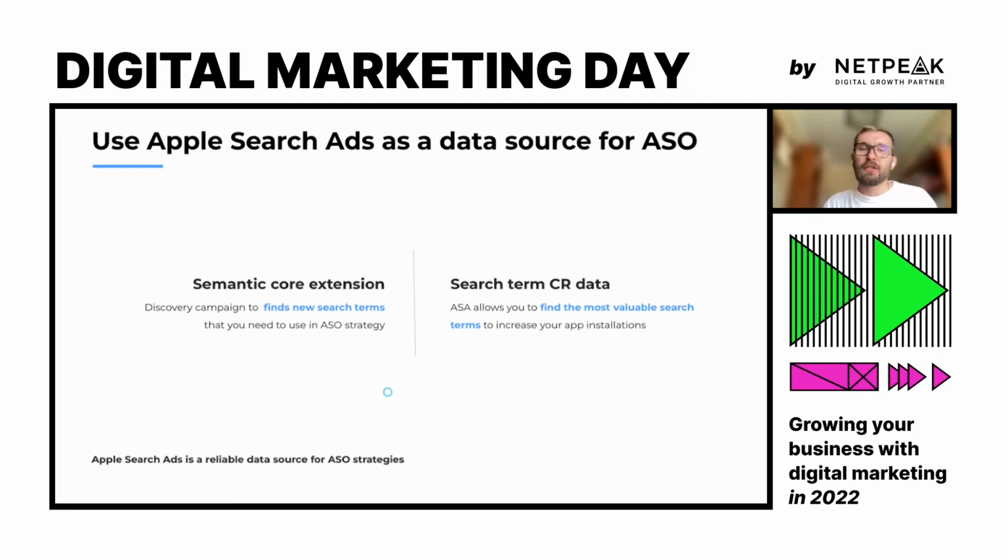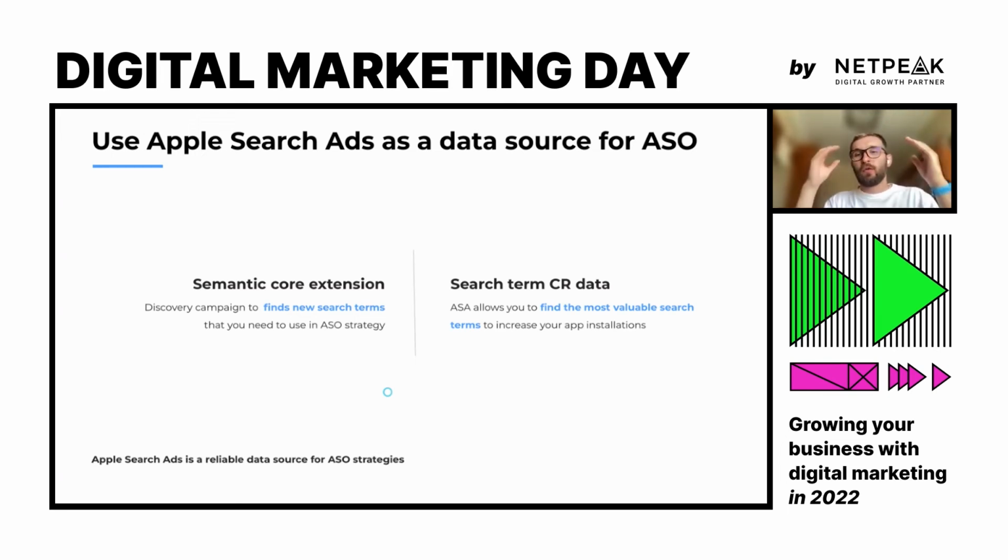of installations. And another thing is that you can find the most valuable search terms using Apple Search Ads. For example, you can understand that some keywords have a much higher conversion rate from view to installation.